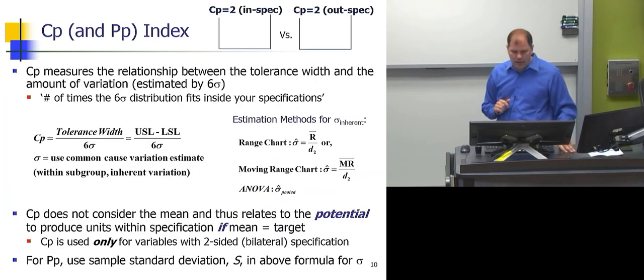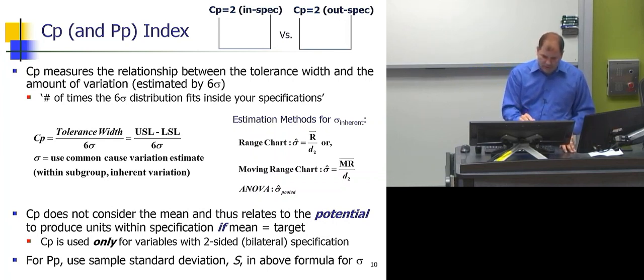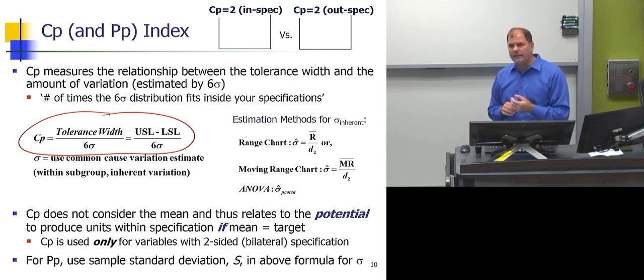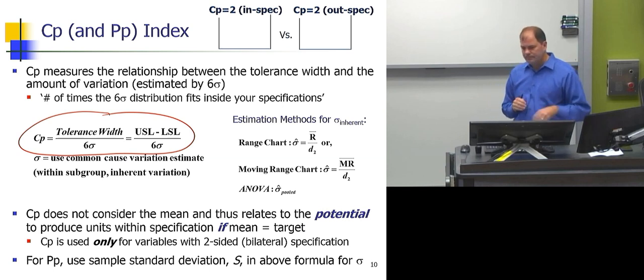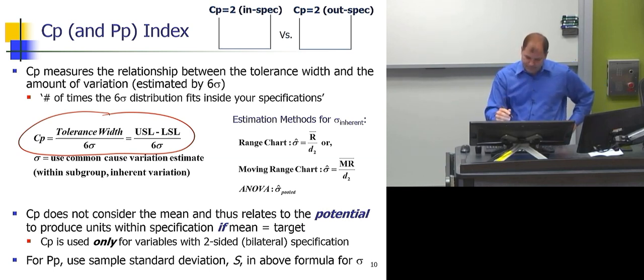All right, let's do a couple of pictures and some formulas. Let's look at this formula right here. CP is the relationship between the tolerance width, USL minus LSL, divided by 6 sigma. Now, I could have different things going on.